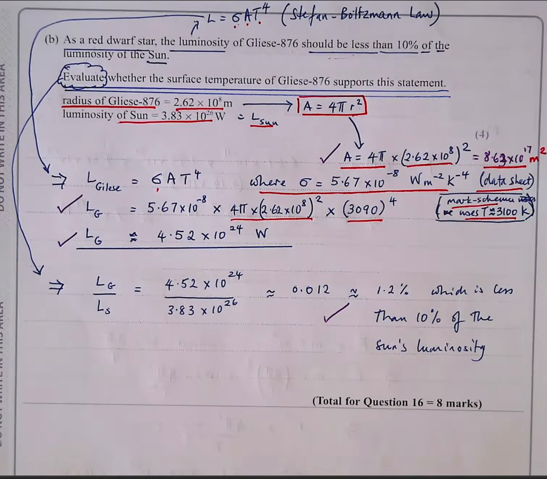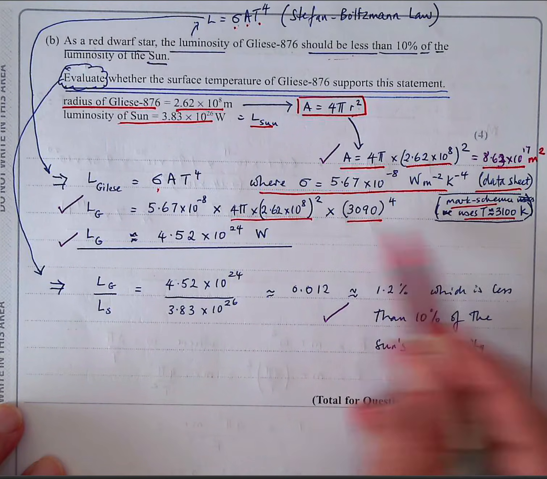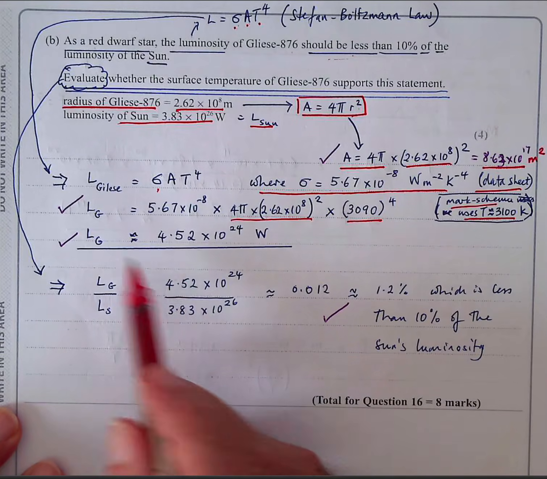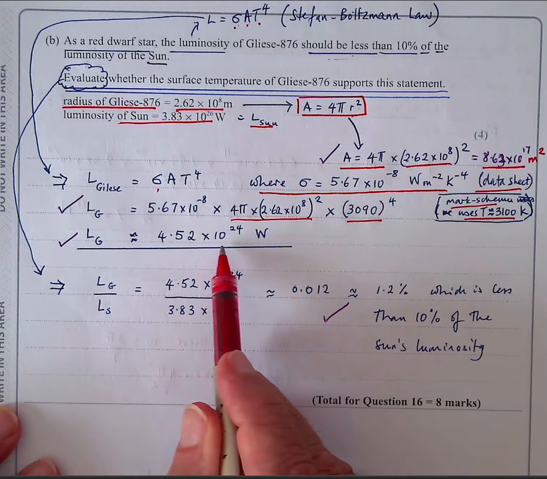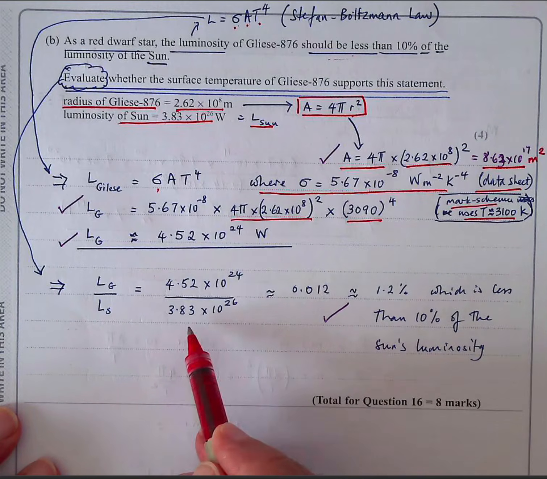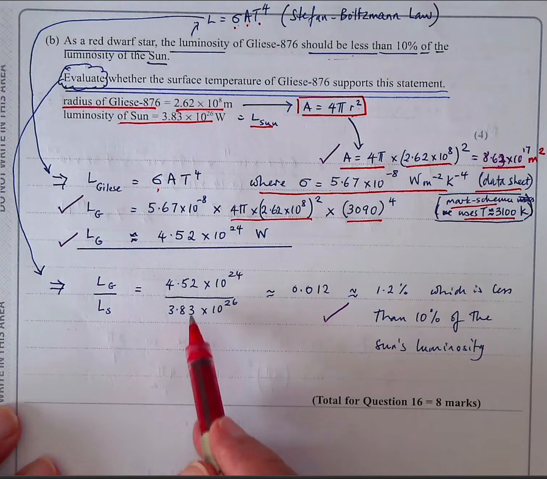Anyway, I used the accurate value from part 1, 3090 Kelvin, and there isn't much difference in the final answer between using 3090 and 3100. So you get the luminosity of this star as 4.52 times 10 to 24 watts, compared to our sun, which is roughly 100 times more power.